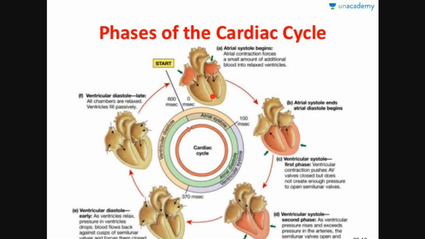Okay, then after the atrial systole we have a second phase when the atrial systole ends and the atrial diastole begins, and at the same time ventricular systole begins. So ventricle starts to contract, but the blood does not move out of the ventricle and the volume of the ventricles remains same.